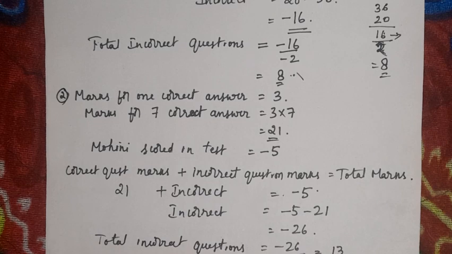Now let's go to the next sub question in question number 6. The second: Mohini scores -5 marks in this test. Though she has got 7 correct answers, how many questions has she attempted incorrectly? She has answered 7 correct answers. For that she has to get 21 marks. But she got -5 because she has answered some questions incorrectly.